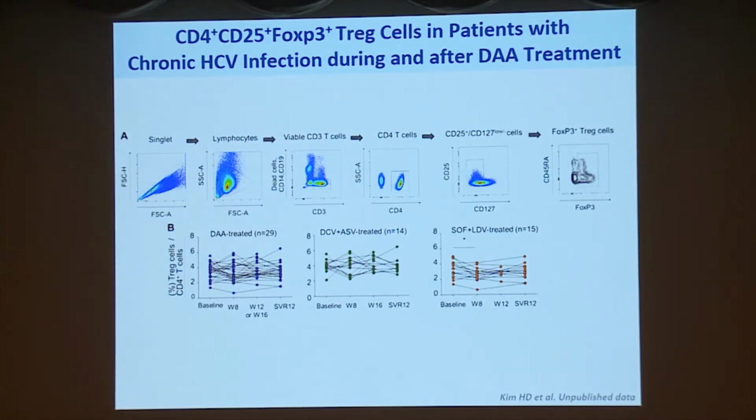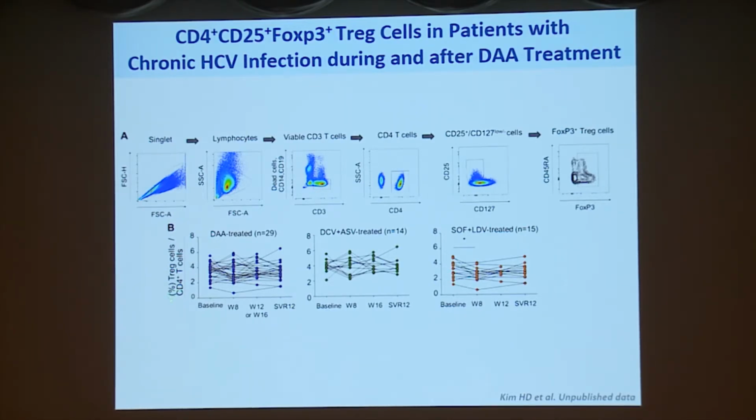Among them, 19 patients were treated with DCV and ASV, and 15 patients were treated with SOF and LDV. Now I'm showing you the Treg frequency before treatment and after treatment, at week 8, week 12 or week 16. And after cessation of the DAA treatment, 12 weeks later, we also obtained whole blood and measured Treg cells.